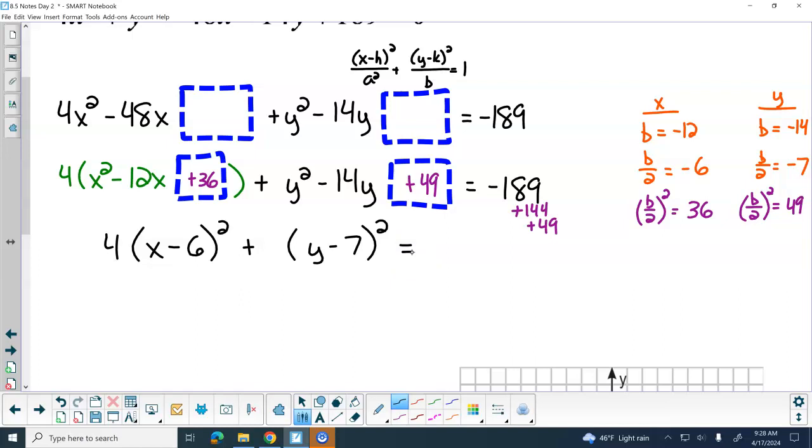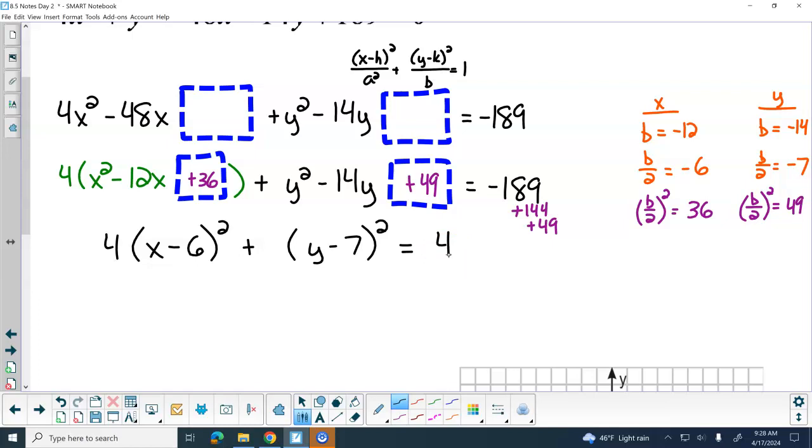Negative 189. Oh, it is. I think it equals 4, doesn't it? 4? We agree with 4? Equals 4. Okay? Still not in my form yet, right?